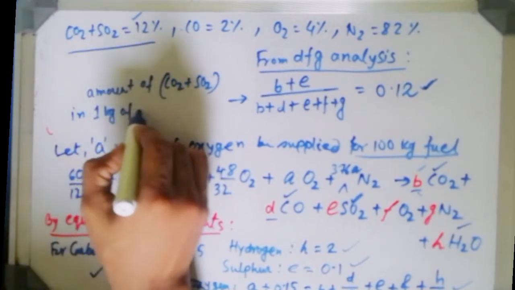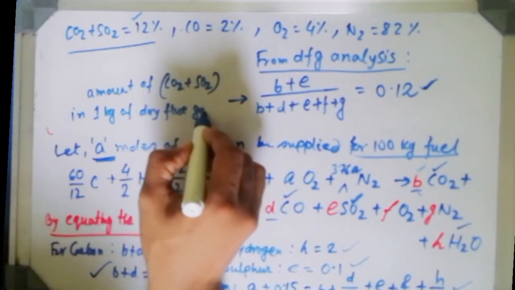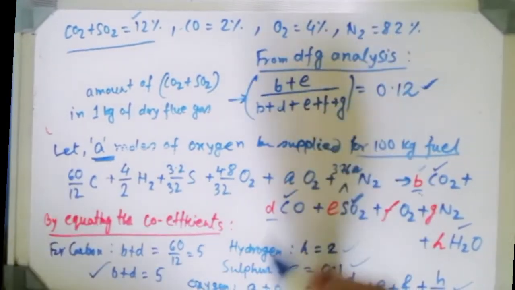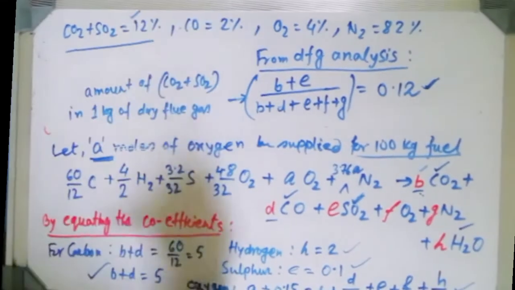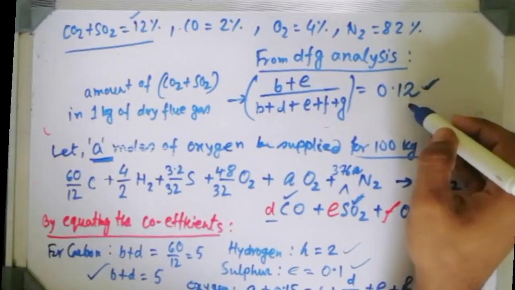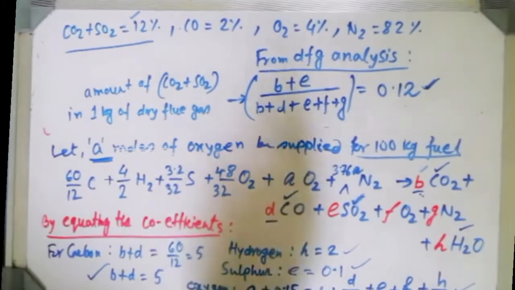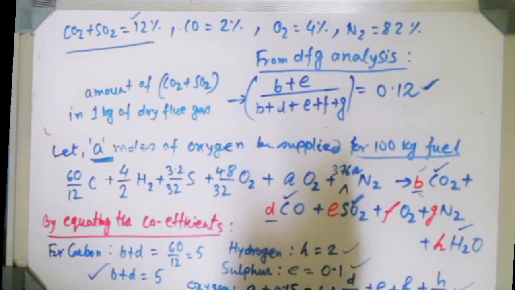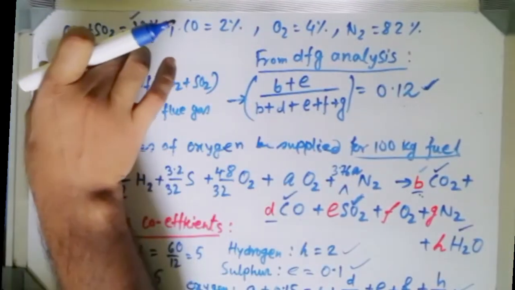So that should be considered by 1 kg. That's why 0.12 is coming. Now is it good or bad? Understood or not? So that is coming for only CO2 and SO2 part. This expression is good. Then basically the space is very short, so I have to remove some part.